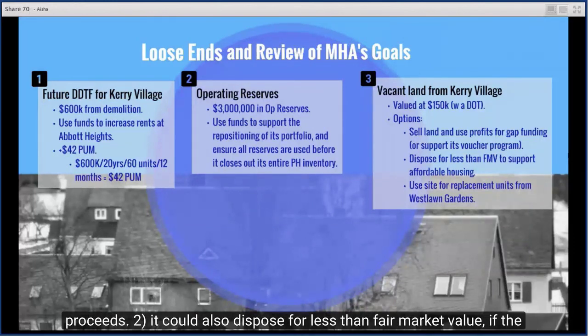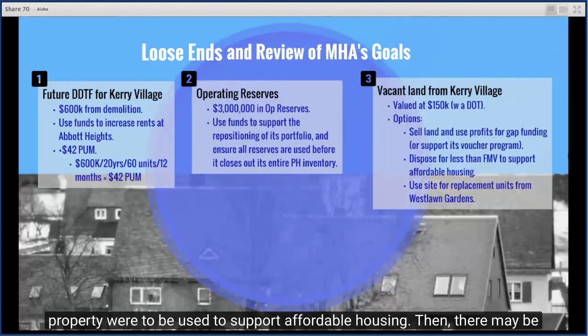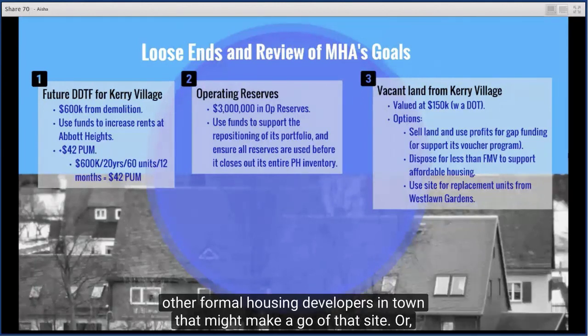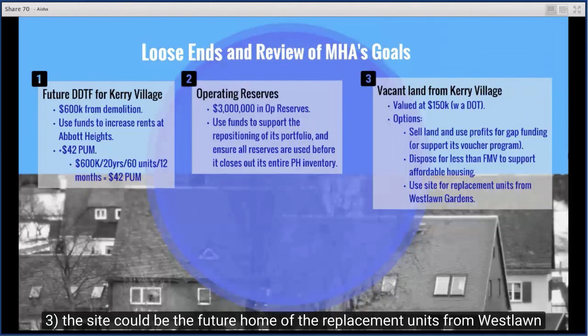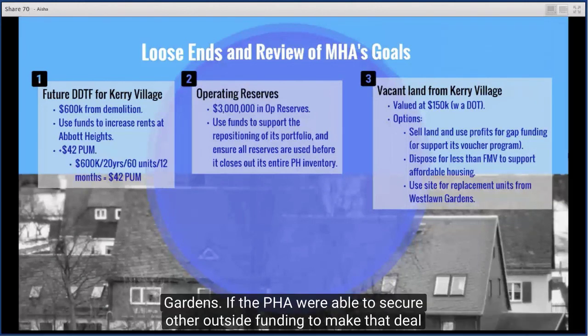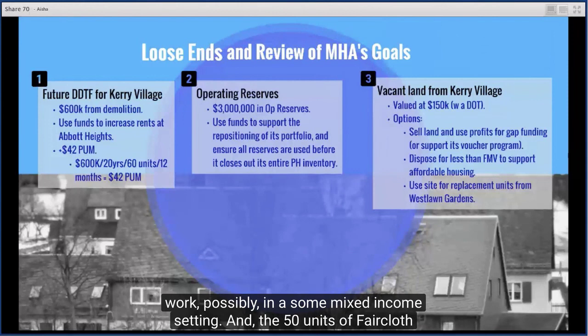Second, it could also dispose for less than fair market value if the property were to be used to support affordable housing. There may be other affordable housing developers in town that might make a go of that site. Or third, the site could be the future home of the replacement units from West Lawn Gardens if the PHA were able to secure other outside funding to make that deal work, possibly in some mixed income setting.